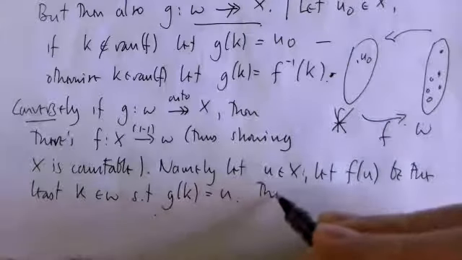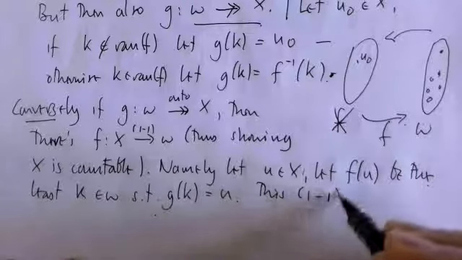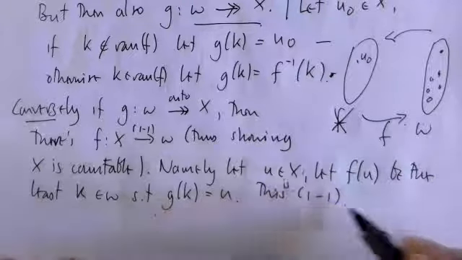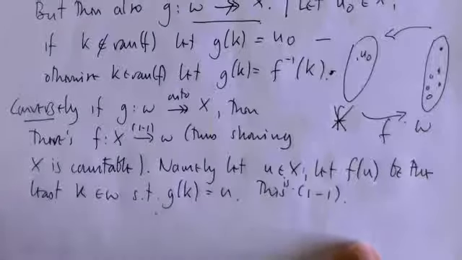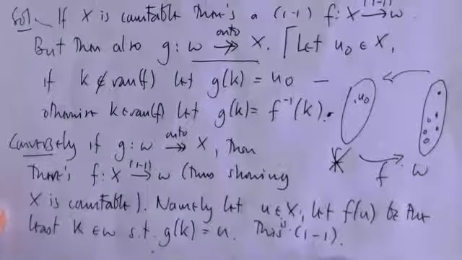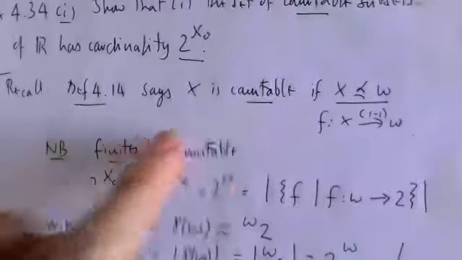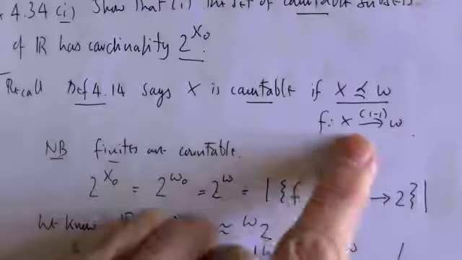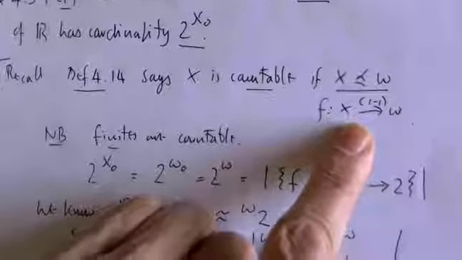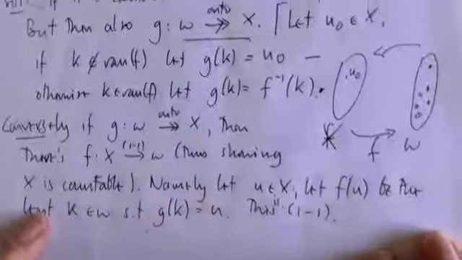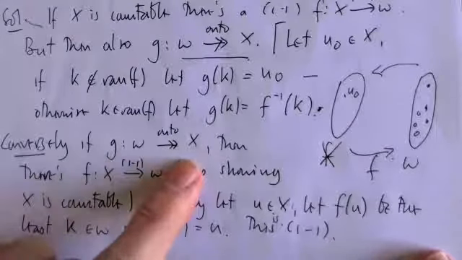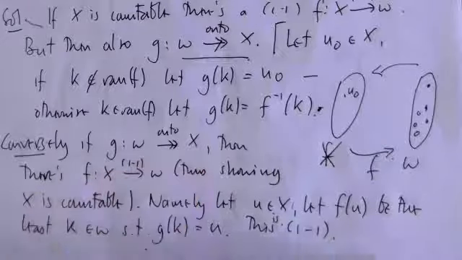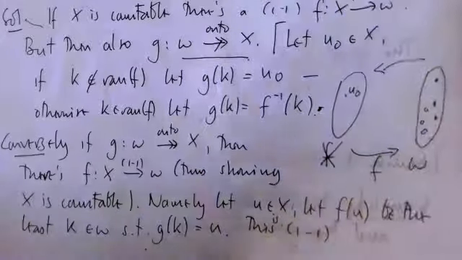And then this is 1 to 1. So the upshot of this rather lengthy preamble is that by definition, we say X is countable if there's a 1-1 map into omega. But, and I think it's an earlier exercise, this is equivalent to saying there's a map G from omega onto X. So we'll use that in the solution of the exercise.